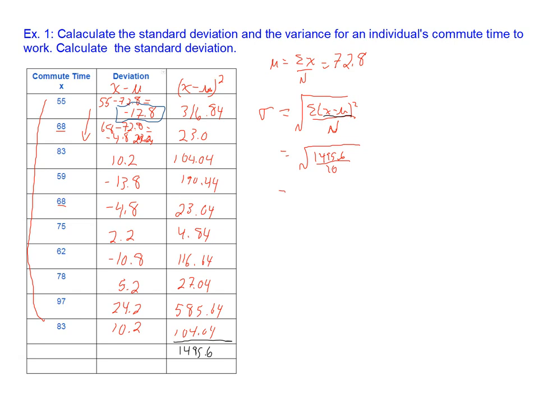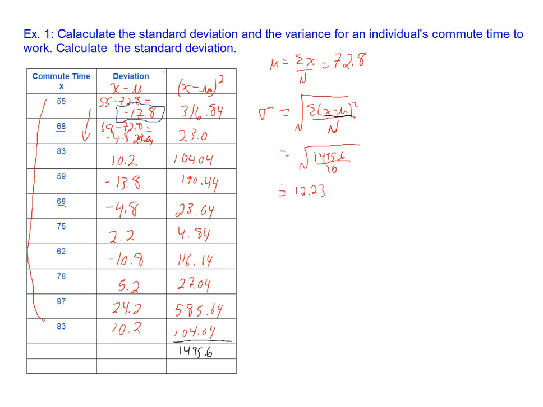So we plug that into the calculator. 1,495.6 divided by 10 gives us 149.56, and then we take the square root of that and we get approximately 12.23.